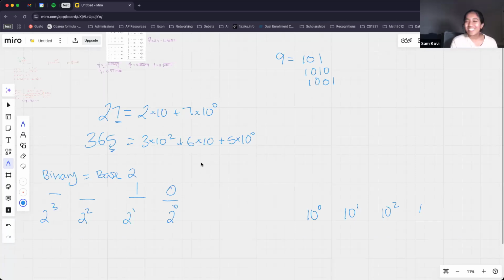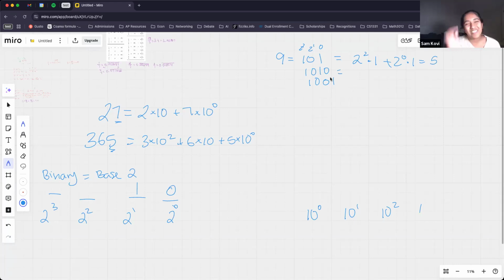Let's take a look at each of these. Remember, our last digit has a place value of 2 to the power of 0, then after that we have 2 to the power of 1, and then 2 squared. So 101 is just 2 squared times 1 plus 2 to the power of 0 times 1. What is that sum? Good, it's 5. That's absolutely correct.